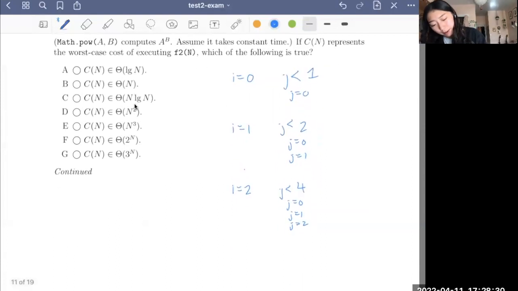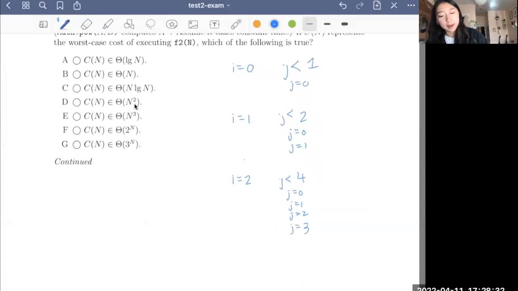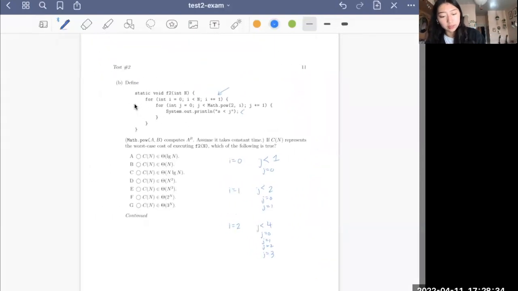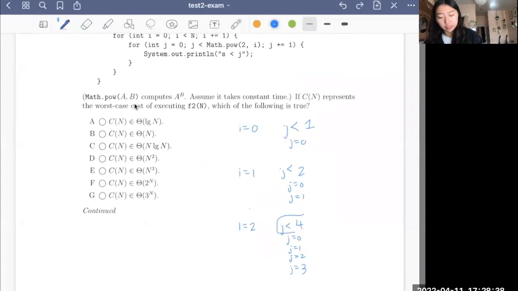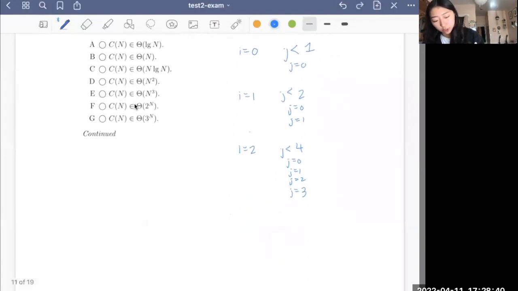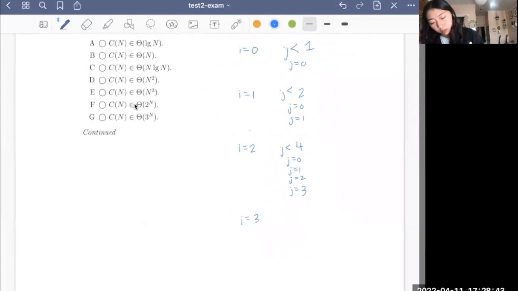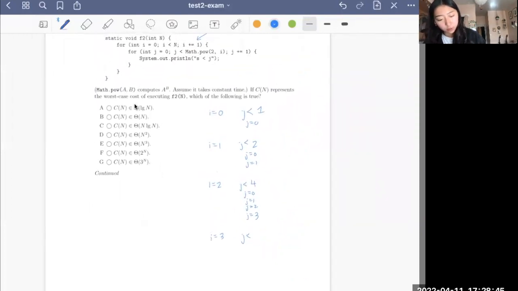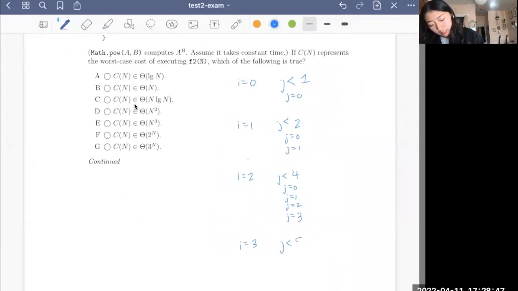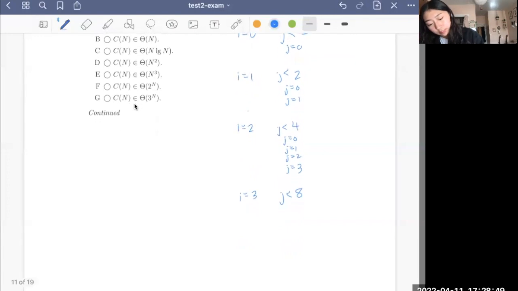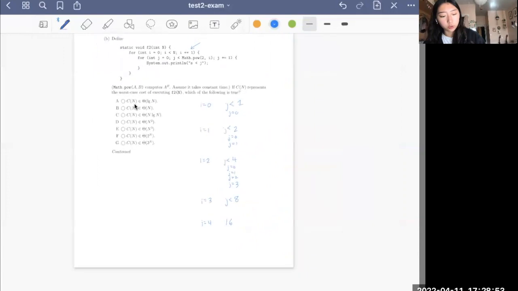And so we're seeing that the amount of work we do, or the amount of times this inner loop runs, is going to be the same as this upper limit. Just doing this one more time, we see we now have 2 to the 3, which is 8. And we'll go 16 when I equals 4, right? 2 to the 4, and so on and so forth.